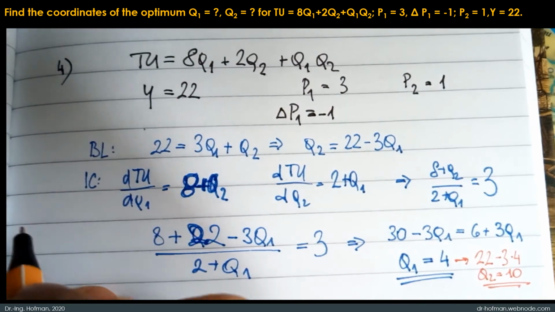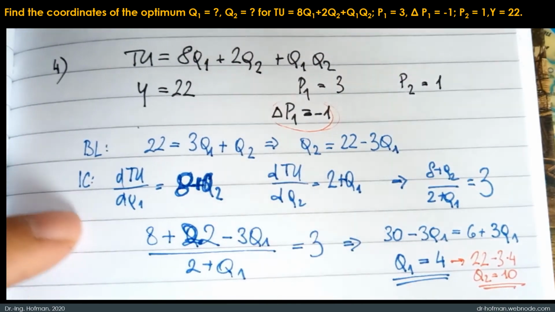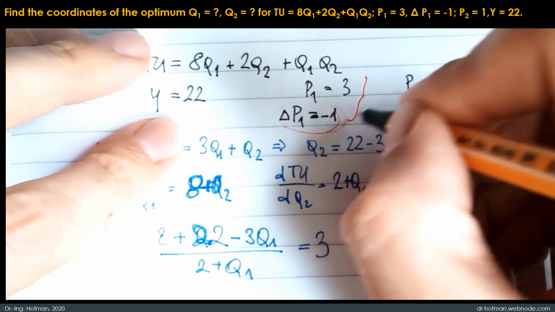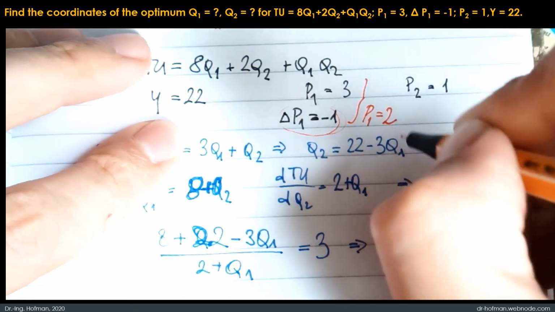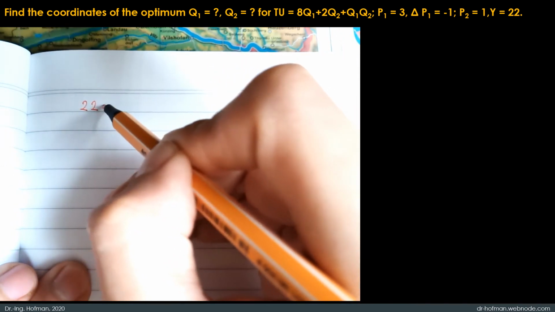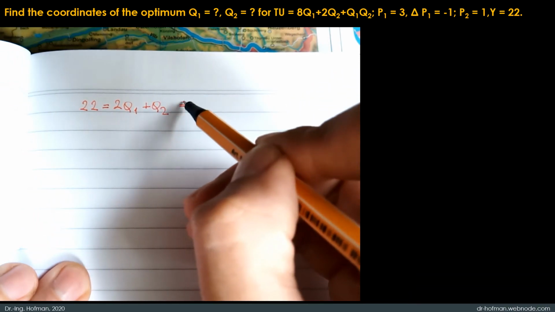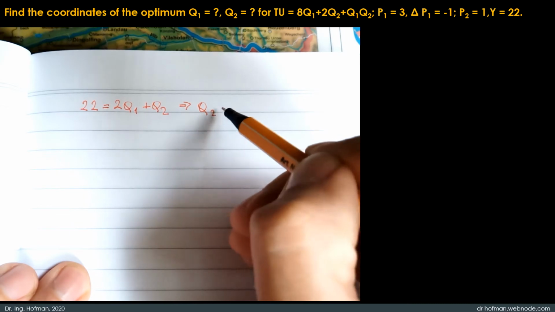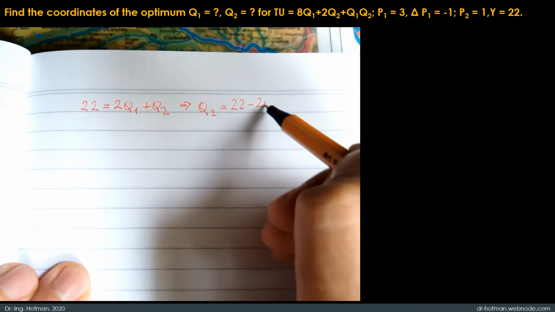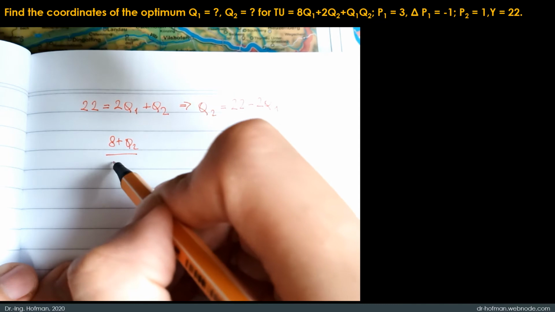Let's go to the other one with delta P1 minus 1. For the new situation, yield is the same, 22. The first price is changed from 3. Delta P1 is minus 1, so 3 minus 1 is 2 times Q1 plus Q2, where price 2 is unchanged, stays 1.